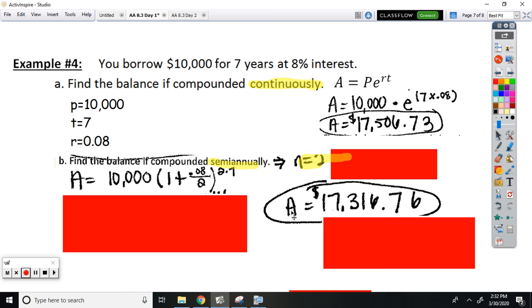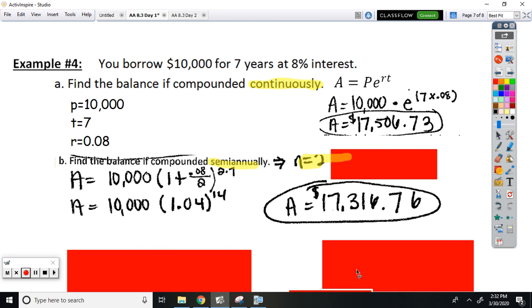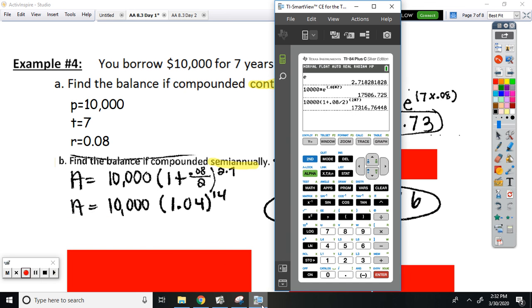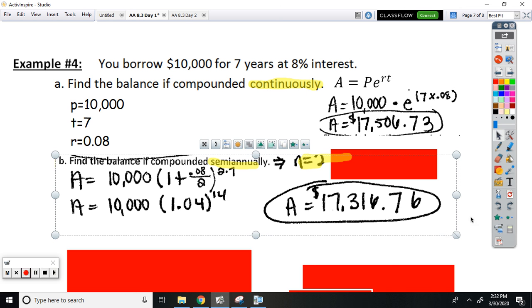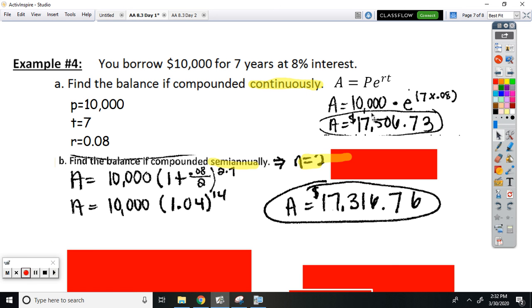And I should get 17,316.76. So you can see that compounding continuously gets us a higher amount of interest. Again, the more times you calculate the interest, the higher the interest will be.